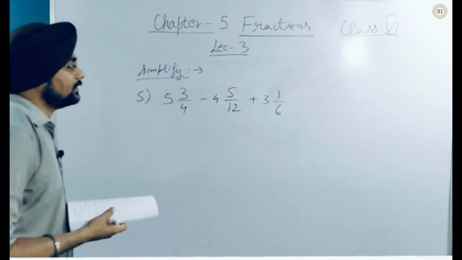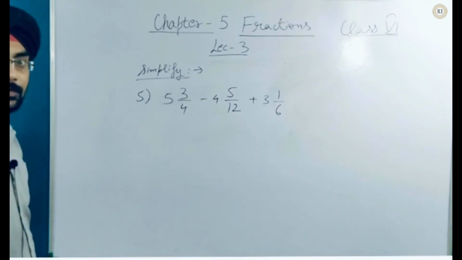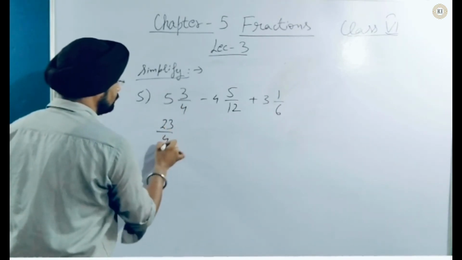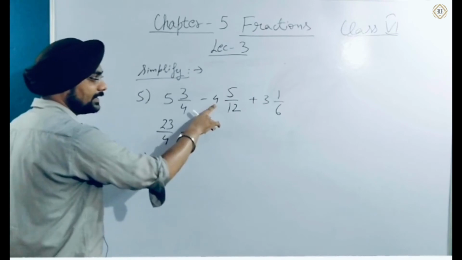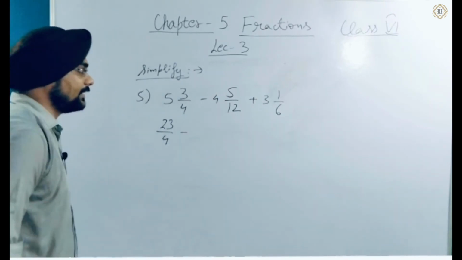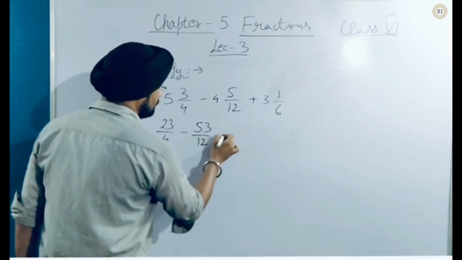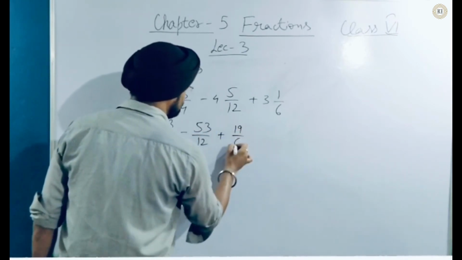Now again we convert this value into improper fractions. 4 5s are 20, 20 plus 3 is 23 by 4, 12 4s are 48, 48 plus 5 will be 53 upon 12 plus 19 by 6.